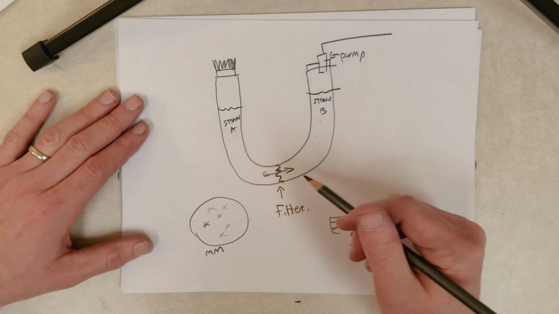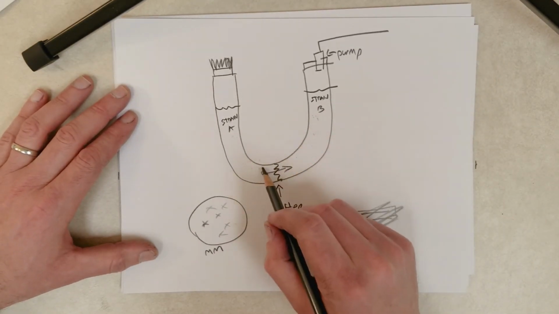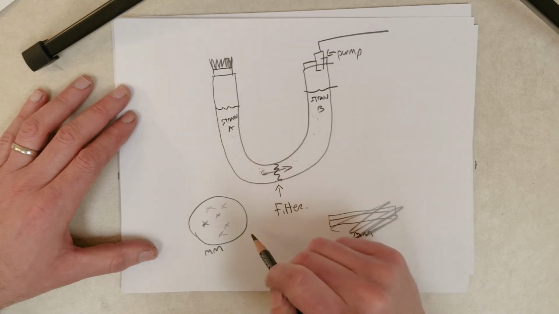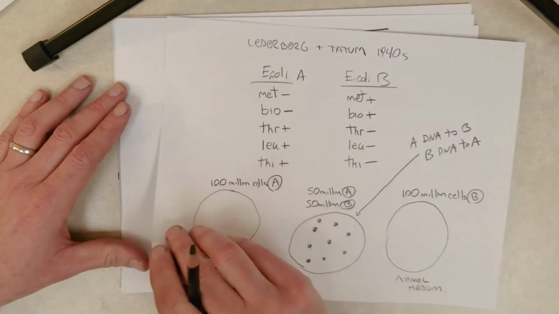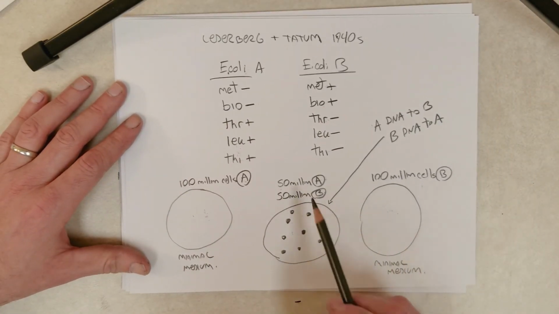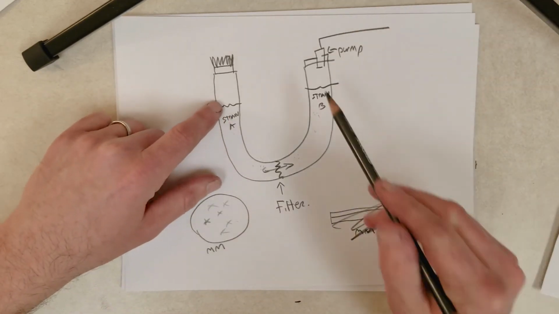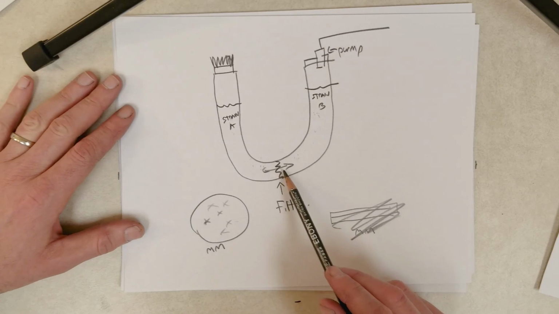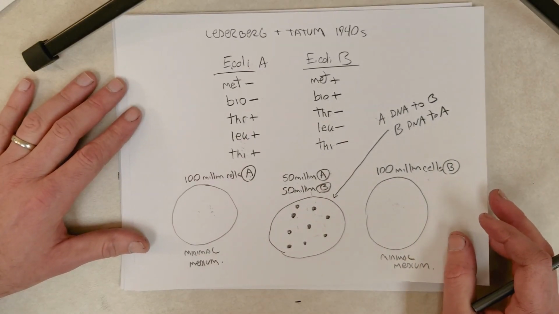And so what this told researchers was that the bacteria actually needed to be in contact with one another. So whatever was allowing for this to happen when the bacteria were mixed, the U-tube experiment is telling us that for this to happen, the bacteria need to be able to touch one another.